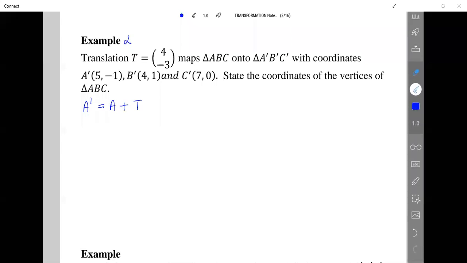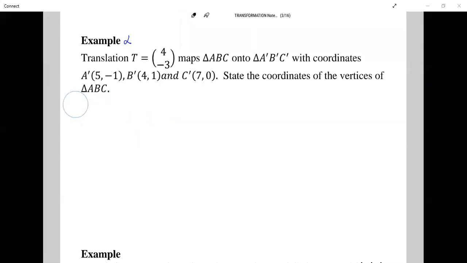Doesn't matter, it's just me being a perfectionist. A plus T will give you A prime. So A would be equal to A prime minus T.